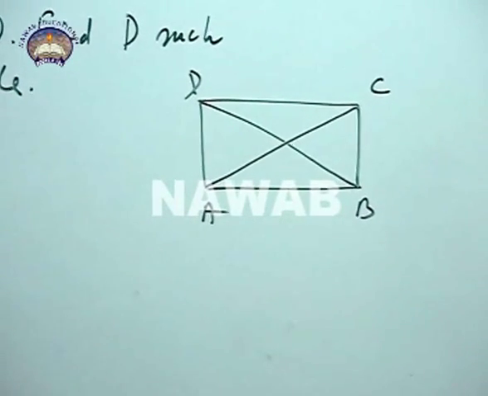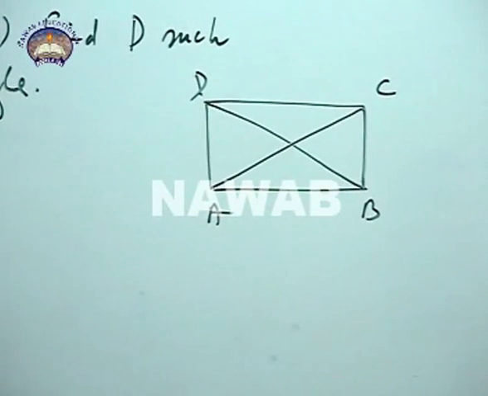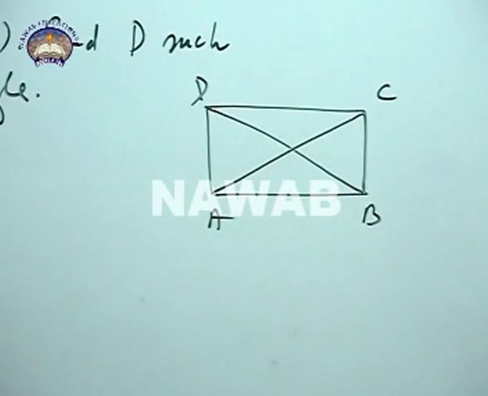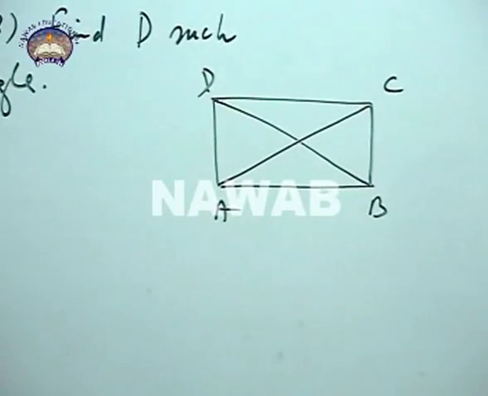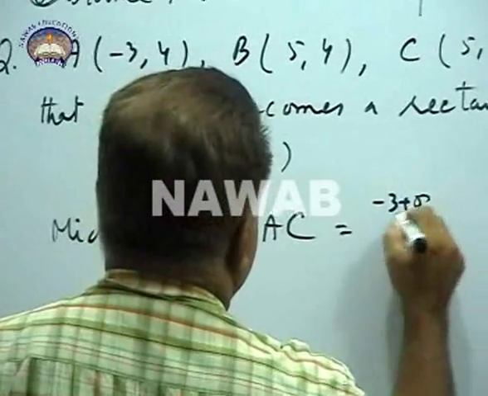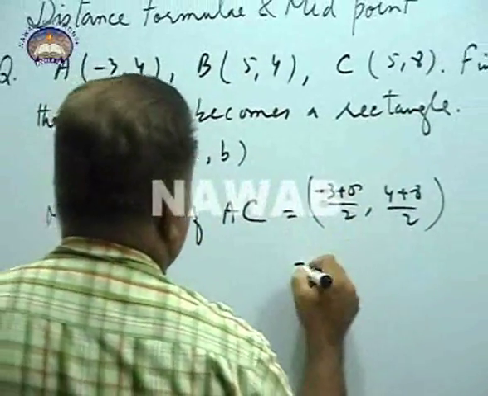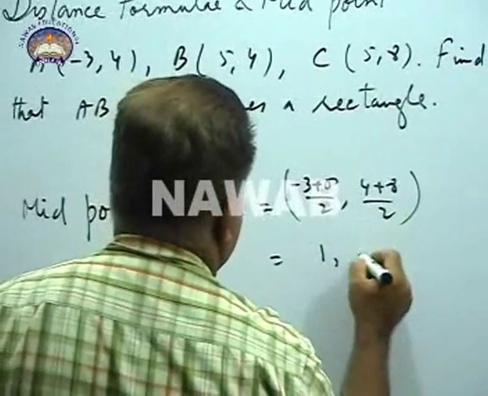So we use the same technique. First of all, we find midpoint of AC. So AC midpoint is minus 3 plus 5 over 2, 4 plus 8 over 2. So it is 1 and 6.